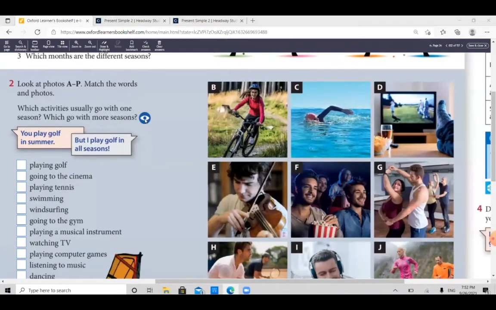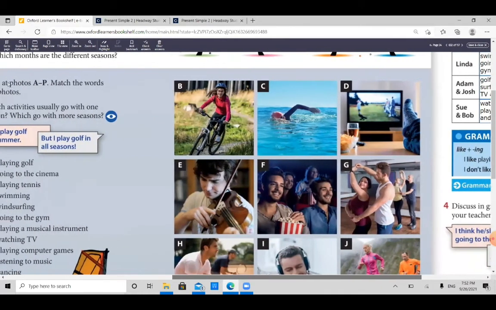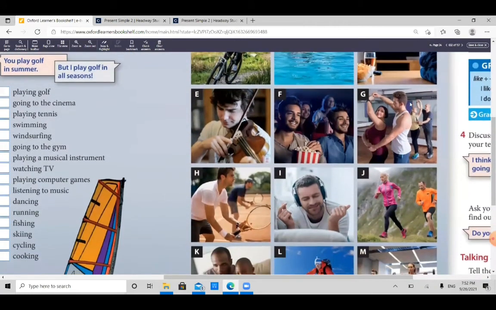Let's match the activity here, the name of the activity, with the proper or the correct picture. Can you see all of them? Yes, teacher. Okay.